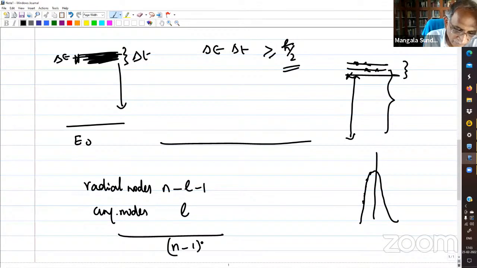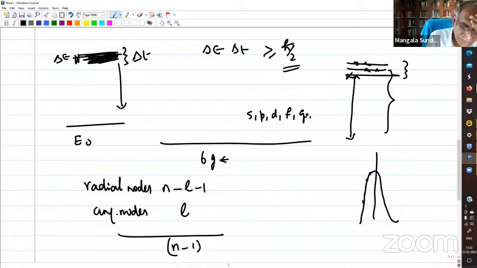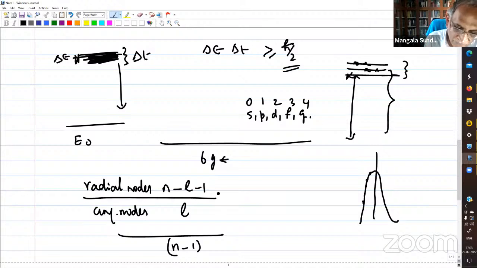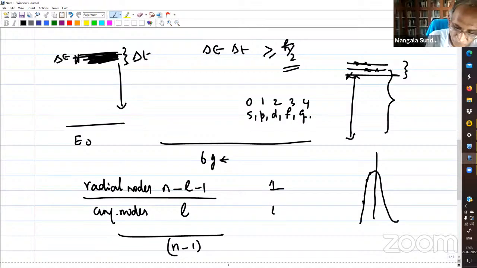Now, 6G. What is G in terms of L? S, P, D, F, G. S is 0, then 1, 2, 3, 4. So G is L equal to 4. What should be the radial nodes? 1. And the angular nodes, 4.